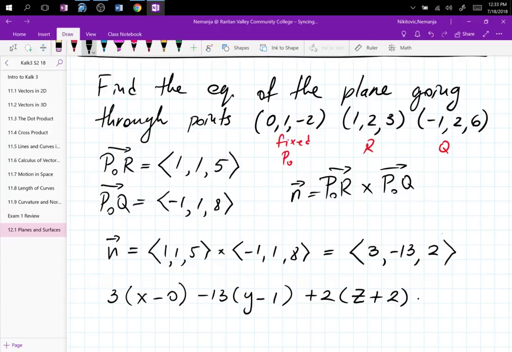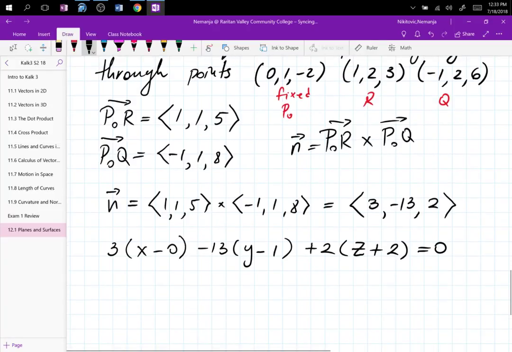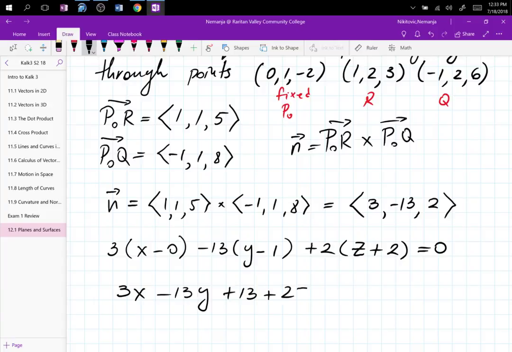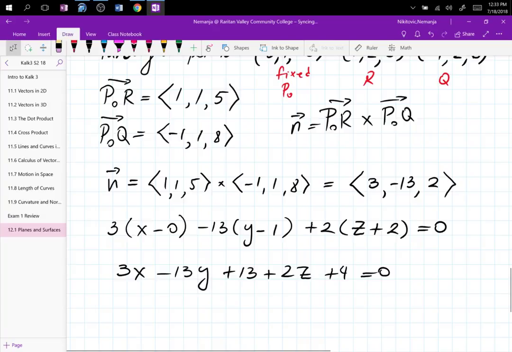So we have 3x... Now this is already done, right? This is the first form of the plane, but we can do better. So that's 3x minus 13y plus 13 plus 2z plus 4 equals 0.